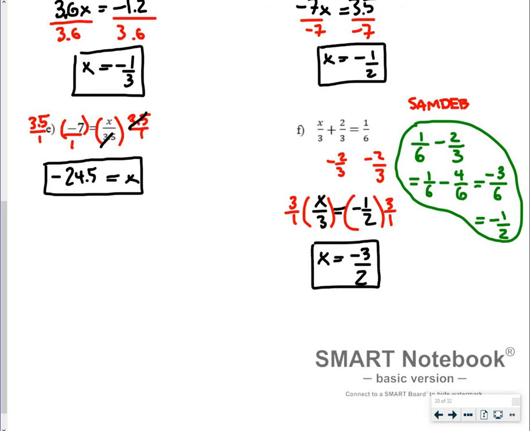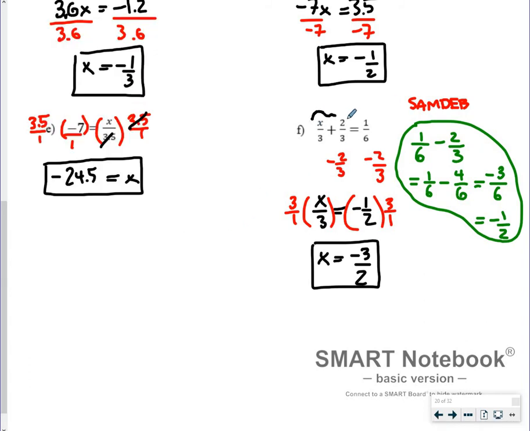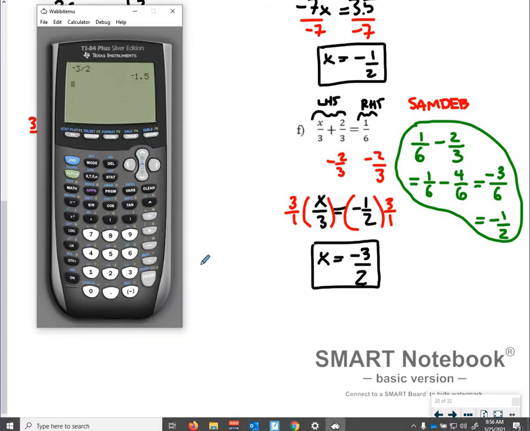Okay. Generally a good idea to check your answer too. So I'm going to put -3/2 in for x. Decimal equivalent is -1.5 if that makes it easier for you to type in your calculator. So I am going to evaluate the left side, so the left-hand side, and that should equal the right-hand side. So where'd that calculator go? Here we go.